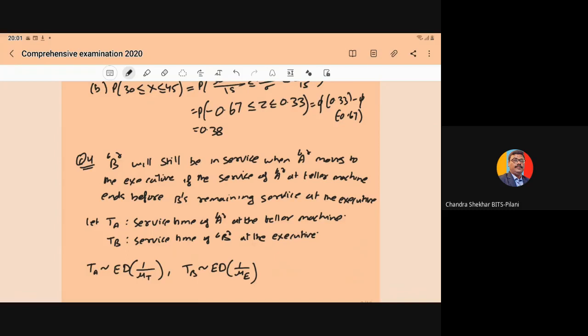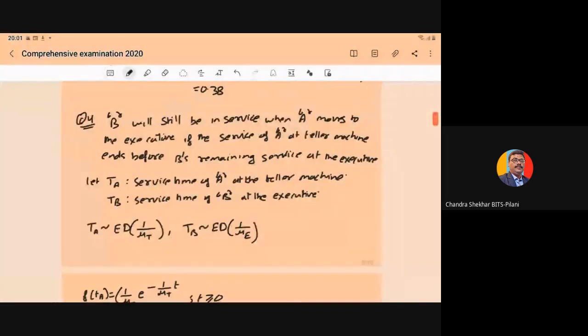It is possible only when the service of A at the teller machine ends before the remaining service at the executive for the individual B. So we define the random variable. Always it is necessary to define the random variable. Let TA be the service time of A at the teller machine, and TB the service time of customer B at the executive.